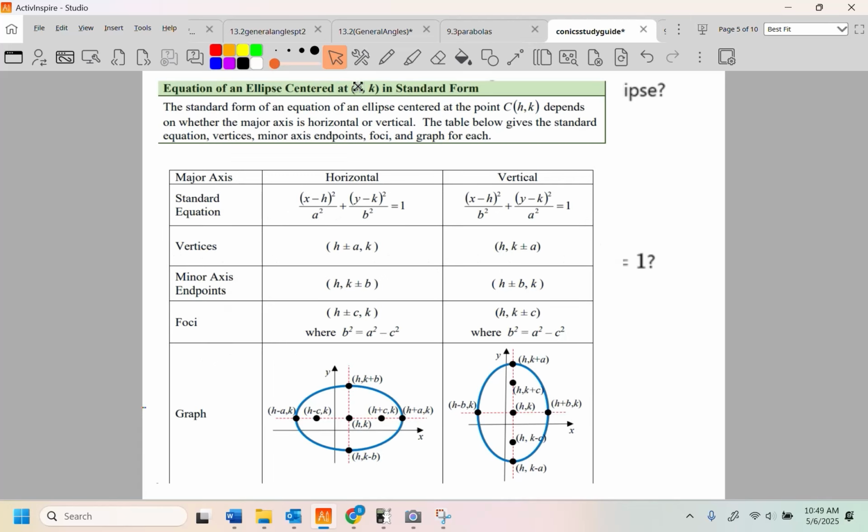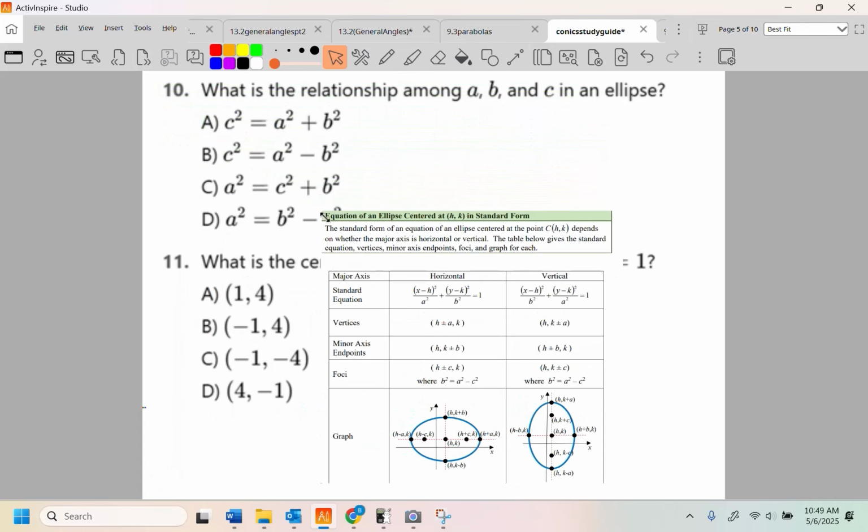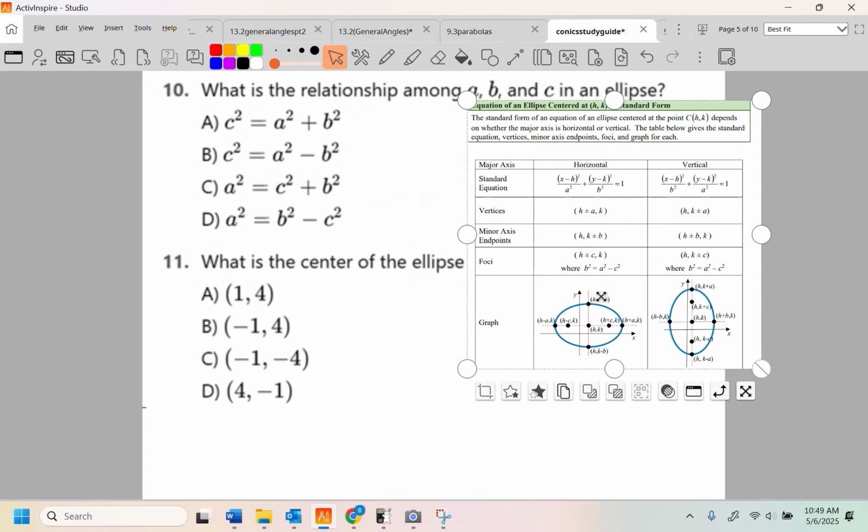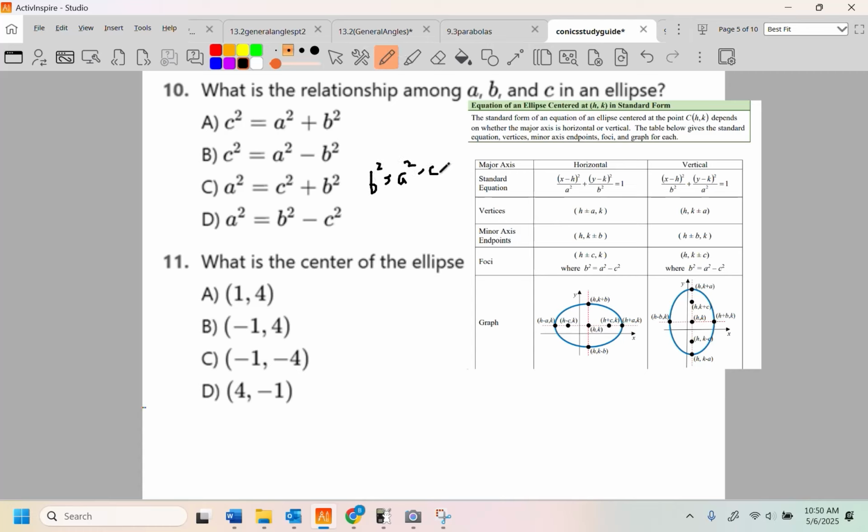So there is the ellipses and that big old table of information. All you're really going to have to do on this is jump down and look where it says b squared equals a squared minus c squared. They're trying to trick you a little bit, but don't think too much of it. B squared equals a squared minus c squared. Now, which one of these equations is the same?